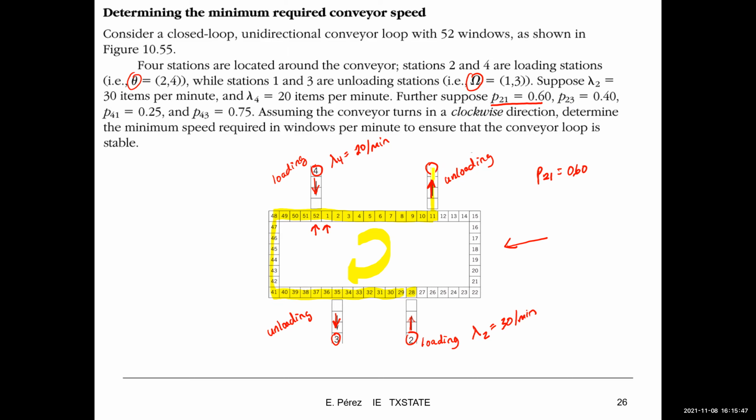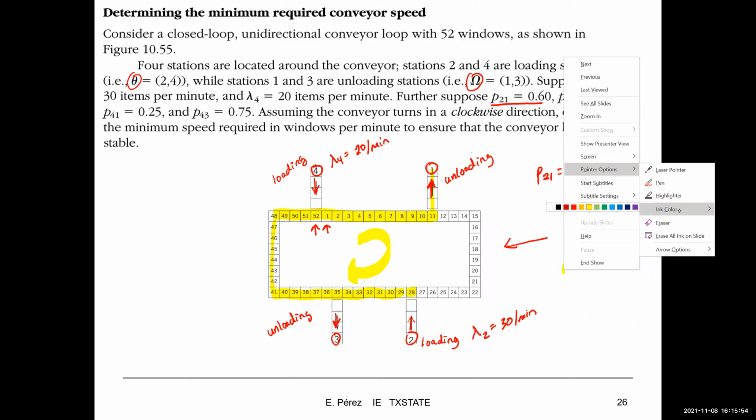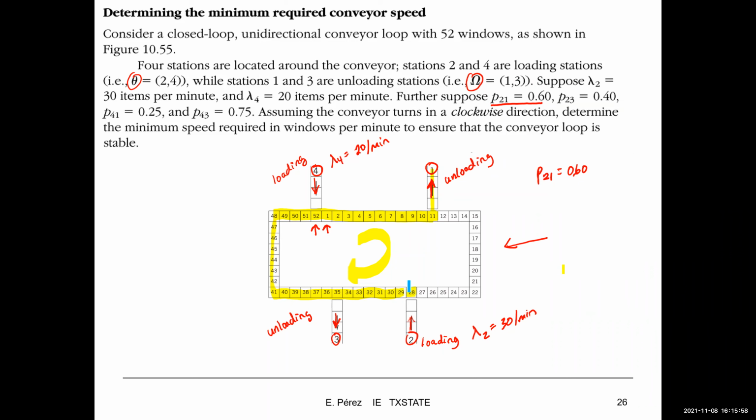P23 is 40%, which means you have a 40% chance that you will start here and be unloaded here.